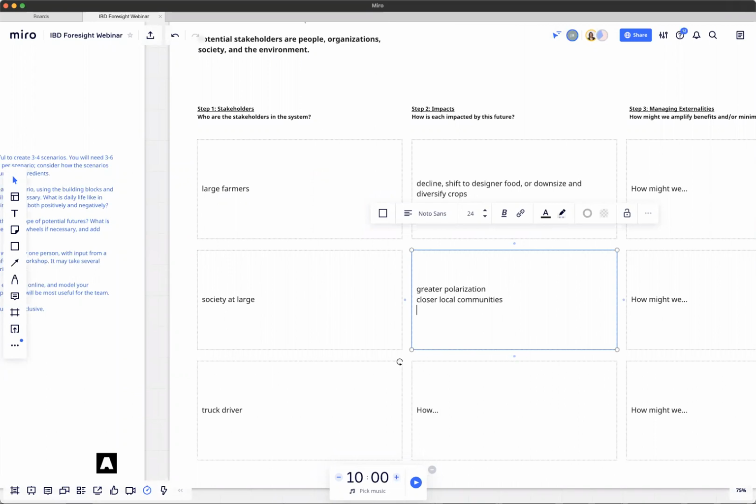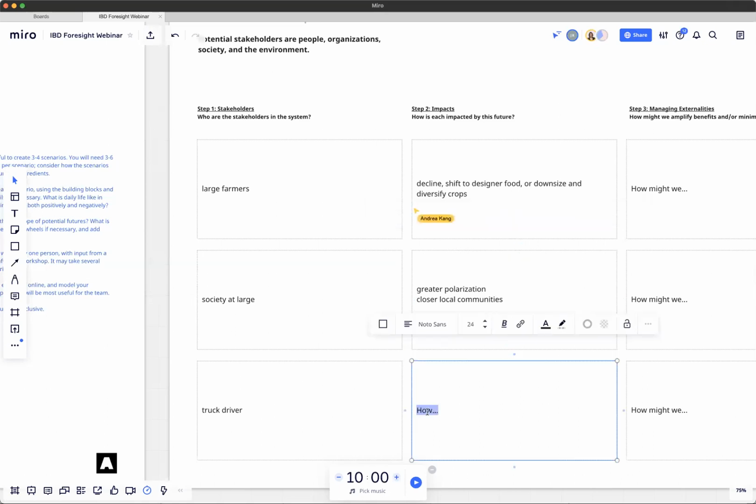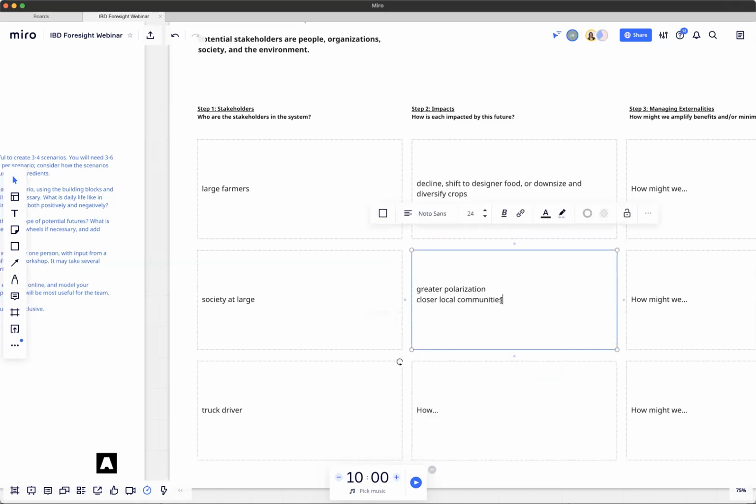Okay. And then finally, again, we're not going to go as deep as we might want to. Finally, what about our truck driver? Like, what is the impact to the truck driver in this scenario? Shorter shifts and distances.